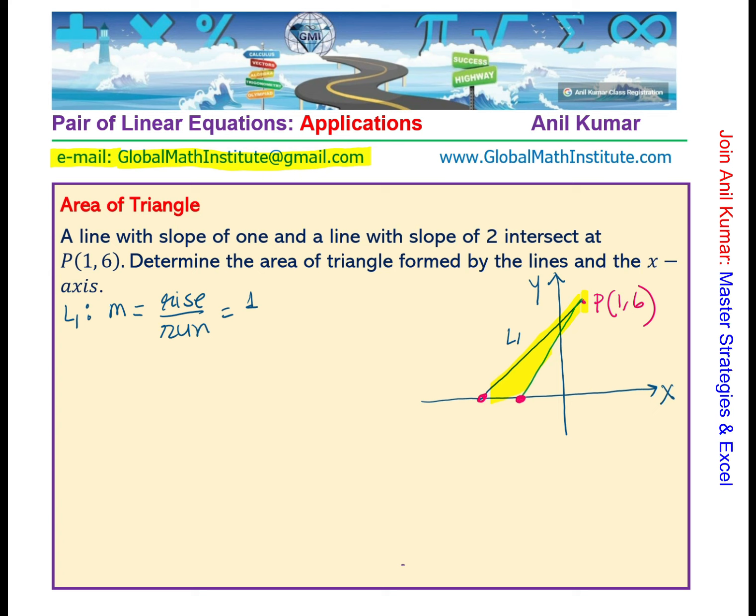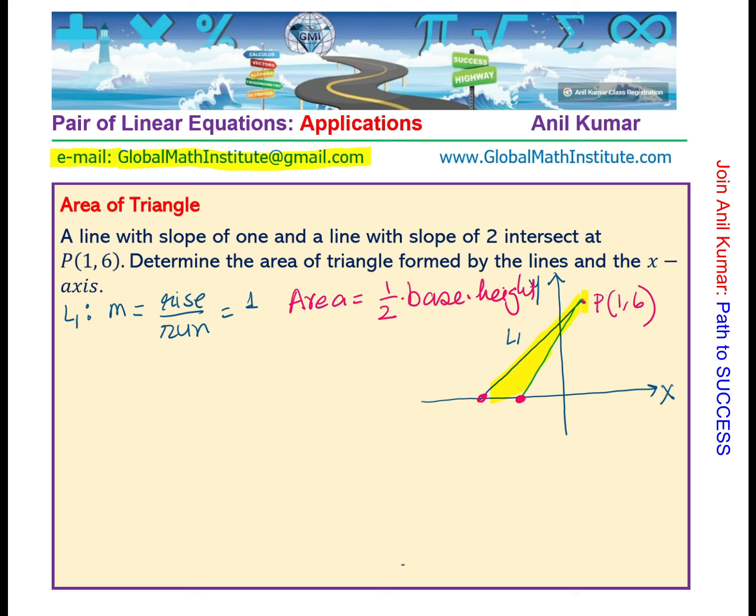Area of triangle, as you know, is equal to half base times height. Height above the x-axis is 6, known to us. We need to only figure out what the x-intercepts are.